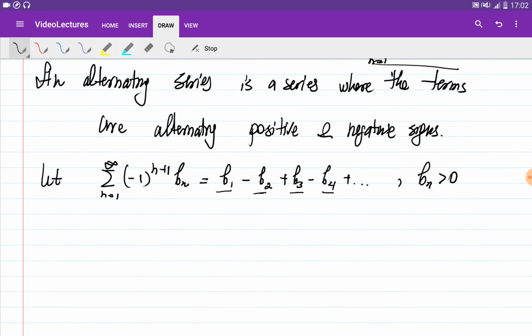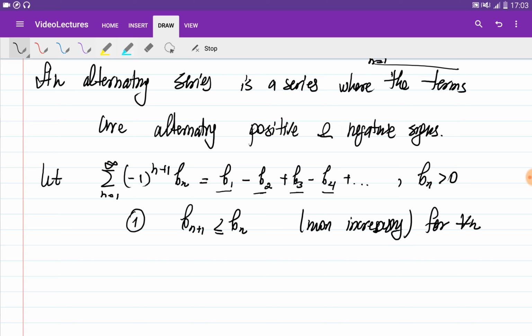So if we're given the alternating series in this form, we need to check two conditions. The first condition is that the terms of the alternating series are decreasing, or in this case non-increasing, for all values of n. It is not possible that sometimes it is increasing and then decreasing.